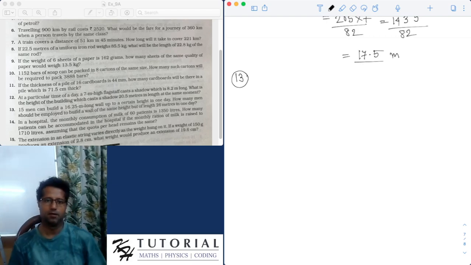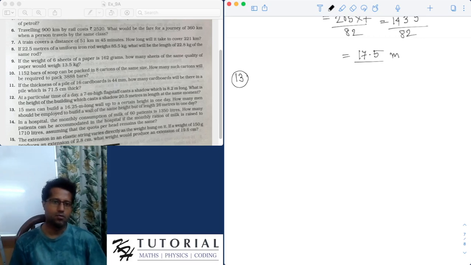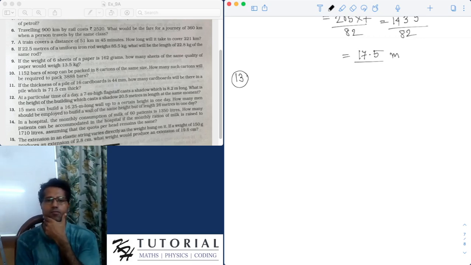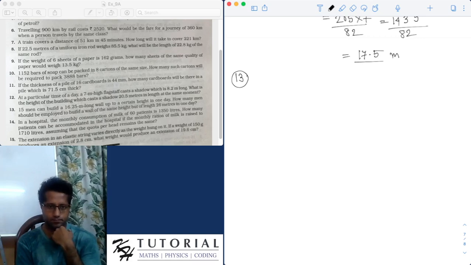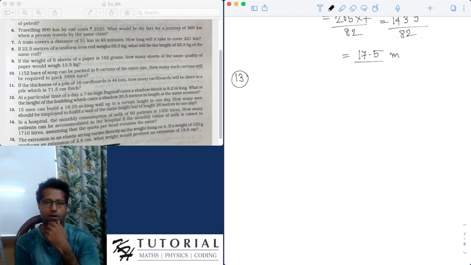15 men can build a 16.25 meter long wall up to a certain height in one day.